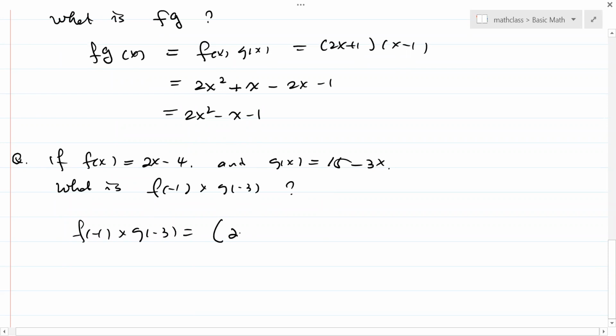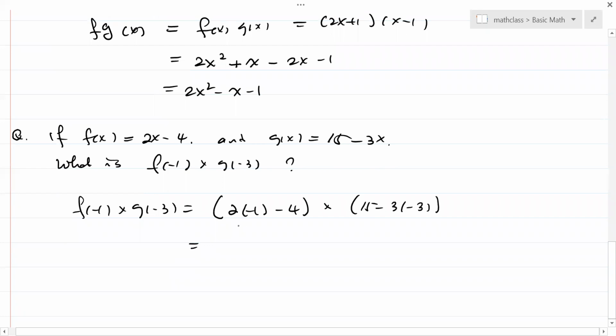So what is f of negative 1? When x is replaced by negative 1, you put negative 1 there. And what is g of negative 3? Then you just evaluate this. It's going to be negative 2, negative 4 is negative 6. And g of negative 3: when x is negative 3, it's 15 plus 9, that's 24.